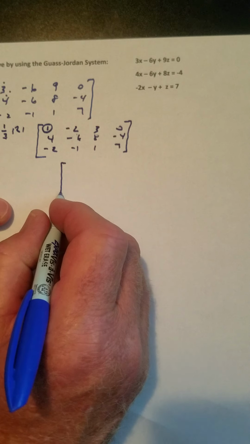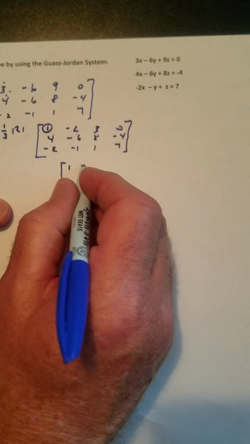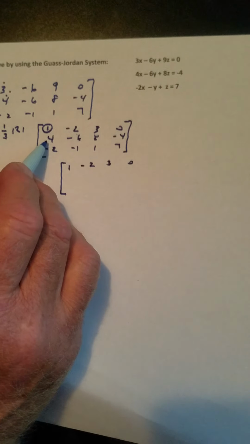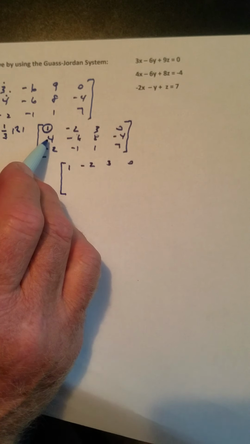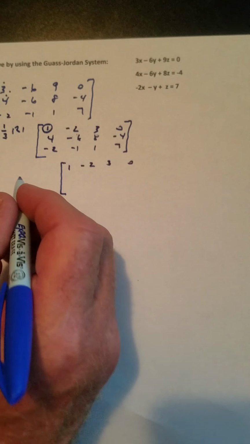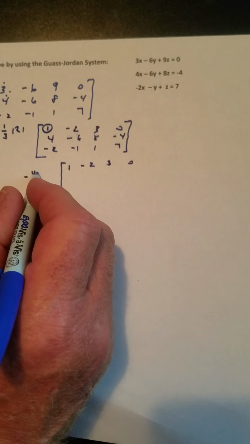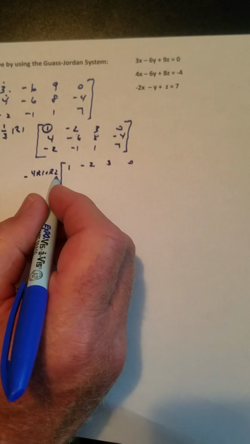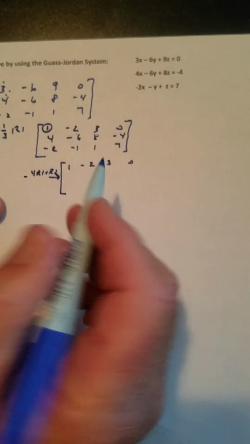Okay, so the top row is going to stay the same. Now I want to get a 0 here. To get a 0, you multiply by the opposite. The opposite of 4 is -4. So I'm going to take -4 times row 1 plus row 2. Put my answers in row 2.